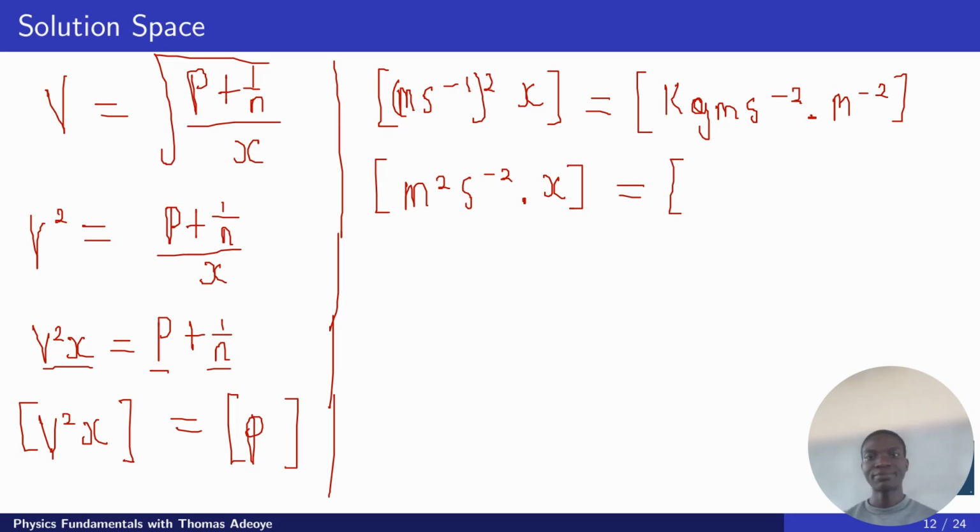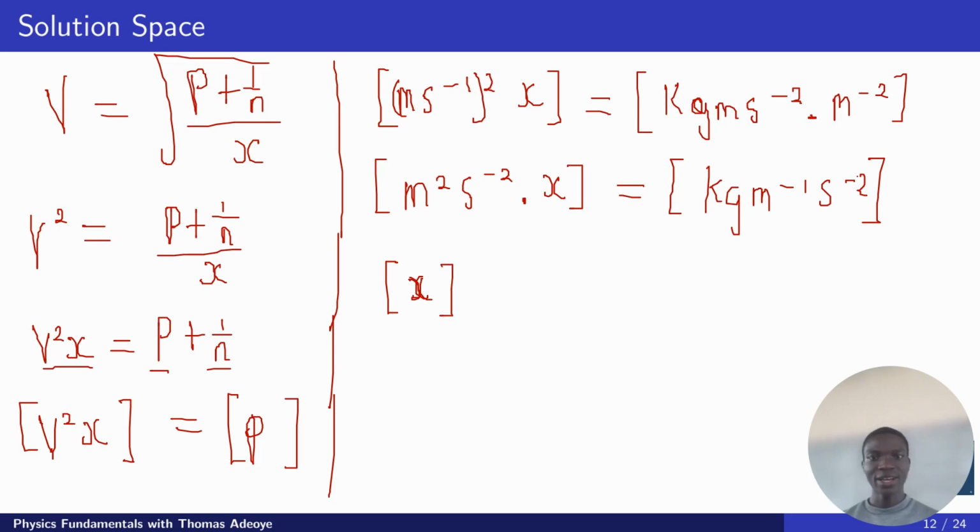And here, this can give us kilogram m raised to power minus 1, s raised to power minus 2, and here we are. So now we can divide both sides by all this so as to make x stand alone. So I can now say x, here is my x.